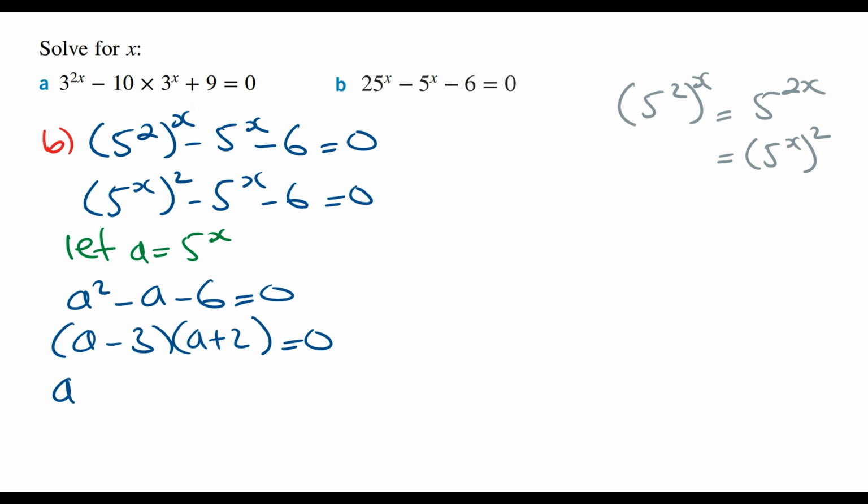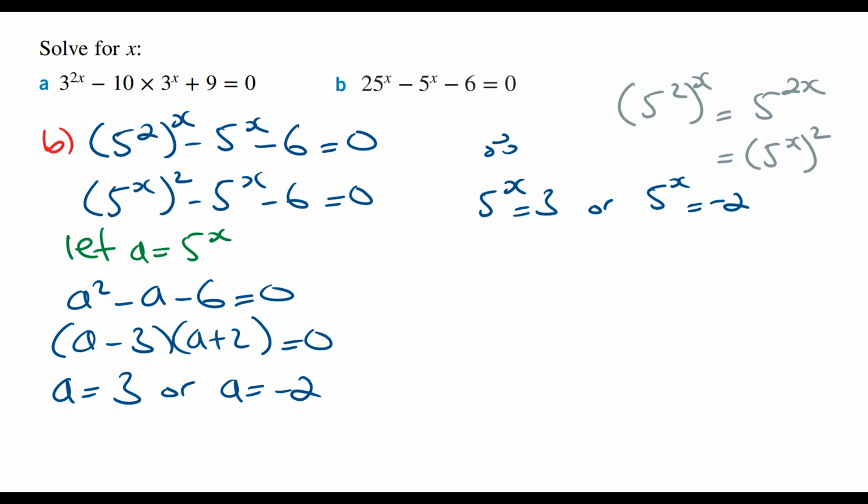Solving for a, a is equal to 3, or a is going to be minus 2. And now we need to substitute back to solve for x. And so therefore, if a is equal to 3, this means that 5 to the x is equal to 3, or if a is equal to minus 2, 5 to the x is equal to minus 2.